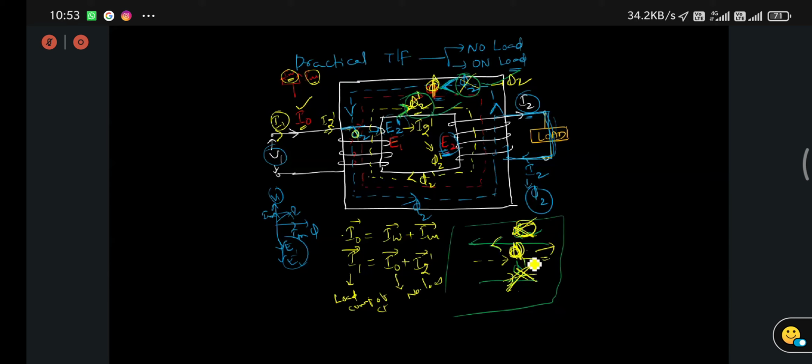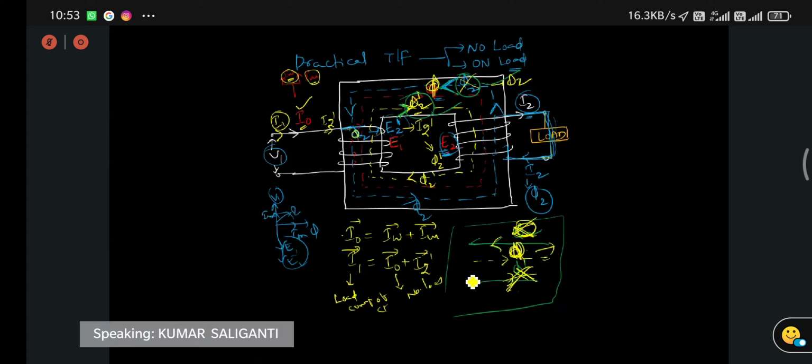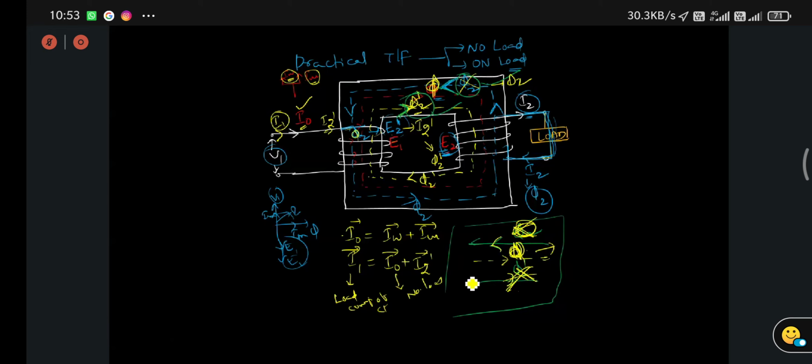That's why in a practical transformer a constant flux takes place. Already in the features of the transformer we discussed this point: it is a constant flux device. Constant flux means there is a reason behind it, as this example diagram shows.